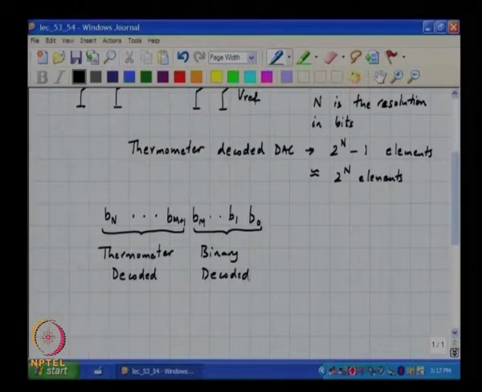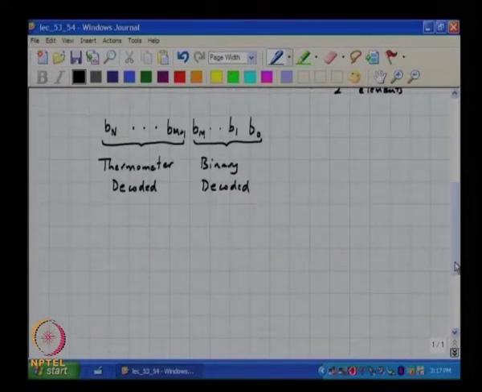The last time around we saw why it makes sense to decode the MSBs in a thermometer fashion rather than the LSBs. So let us now try and figure out what the DNL is for this case. You understand? So, what are the step sizes of the thermometer coded version?